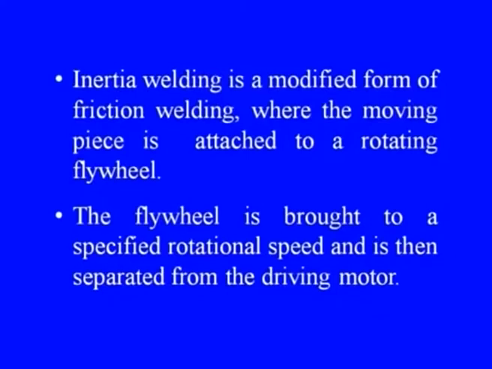Inertia welding is a modified form of friction welding, where the moving piece is attached to a rotating flywheel. The flywheel is brought to a specified rotational speed and is then separated from the driving motor.